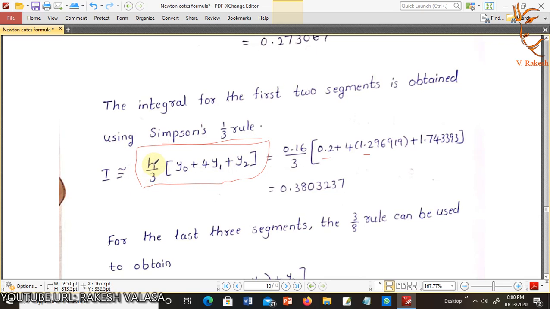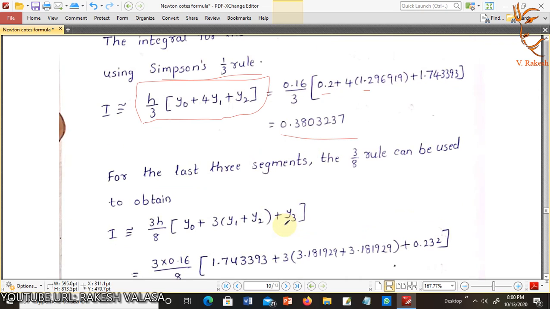You can get h by 3 into y naught plus 4y1 plus y2. Here y naught means 0.2, 4 into y1 means 1.296919 plus y2 means 1.743393. This value is 0.3803237.